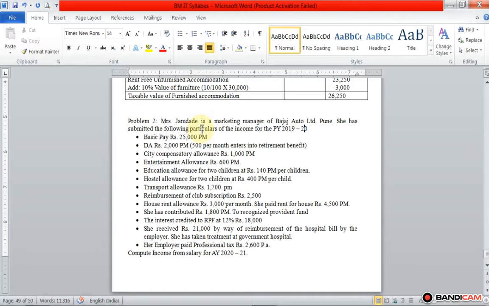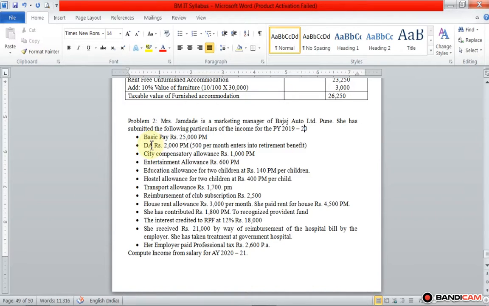According to the information provided by Mrs. Jamdade, we have to compute income from salary. Okay, so first of all we read the problem. Basic salary rupees 25,000 per month.